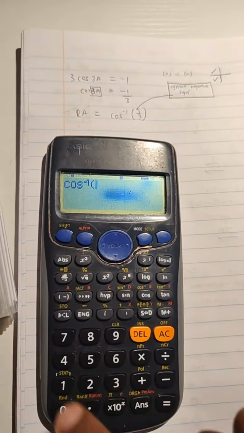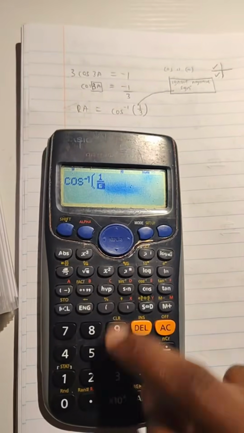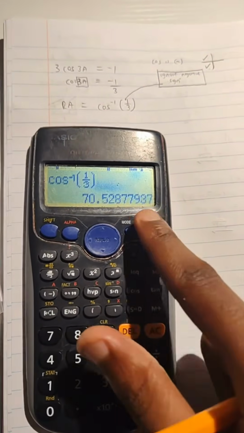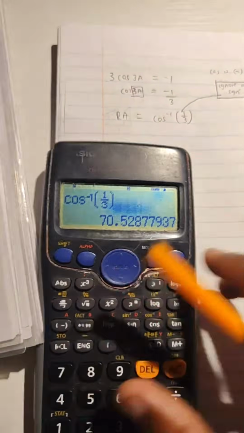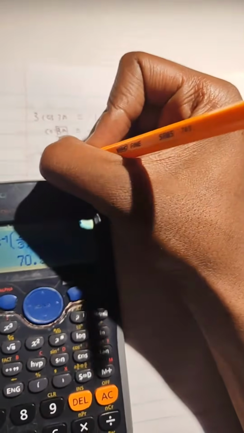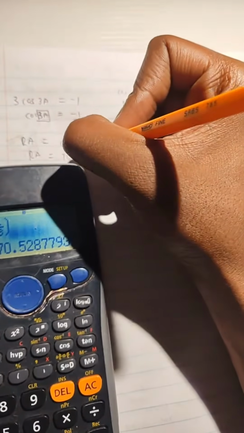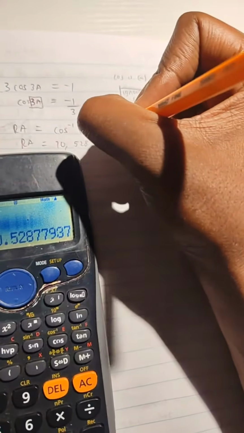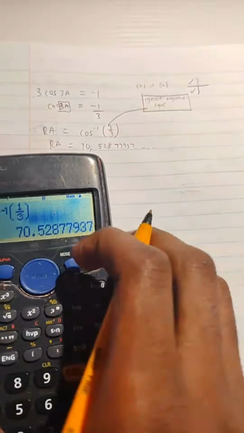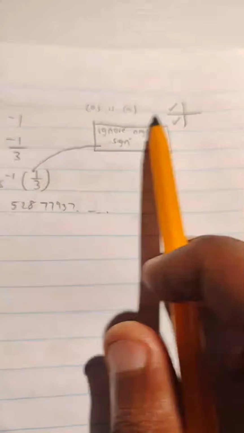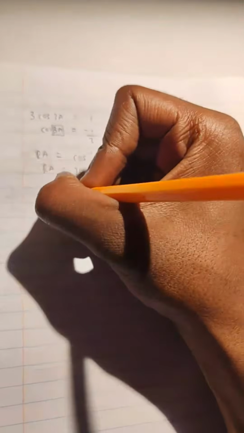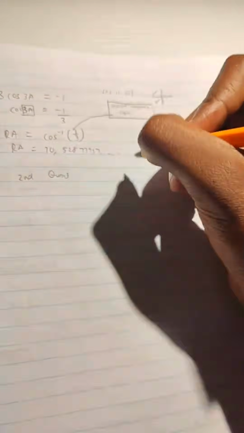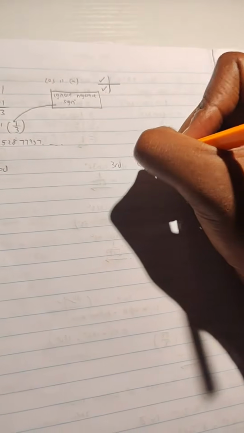Shift arc cos 1 over 3, you get 70.52877937. Okay, so the reference angle is that, because we don't round off just yet. Then remember we said cos is negative in which quadrants? The second and the third quadrant. So we say second quad, third quad.